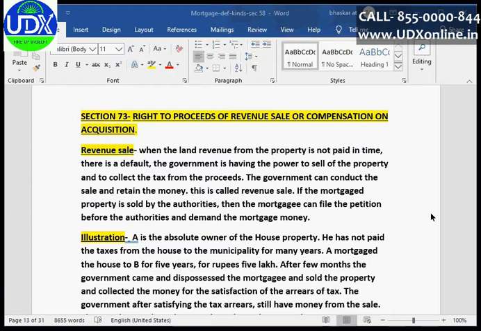See, very carefully you must understand this. Government is having the right to acquire the properties of private persons for a purpose beneficial to the common public.